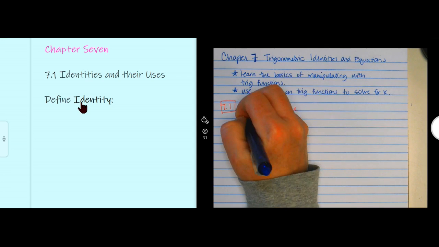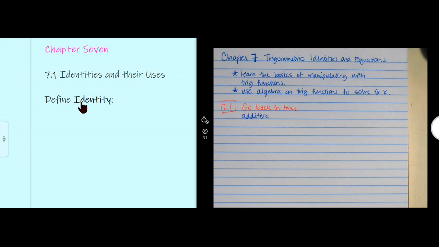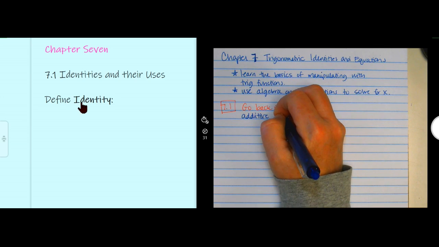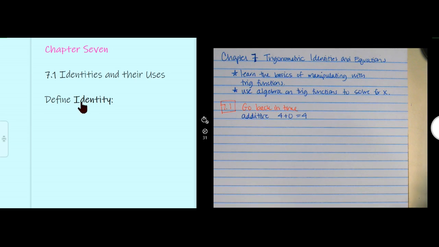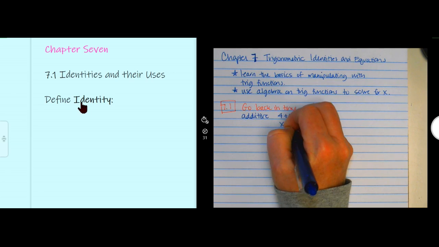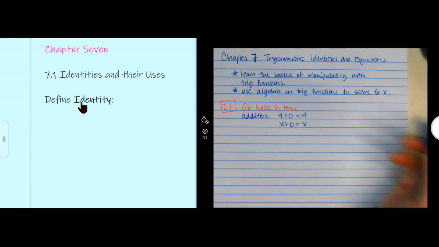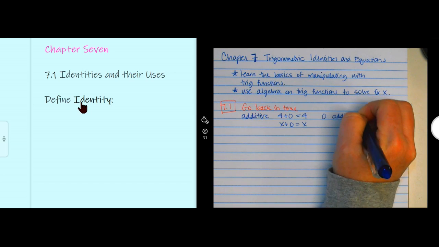And the first time that we used it was when we said, okay, you know that if we add 0 to anything, say we have 4 plus 0, we get 4. If we say x plus 0, we get x. So 0 is the additive identity.